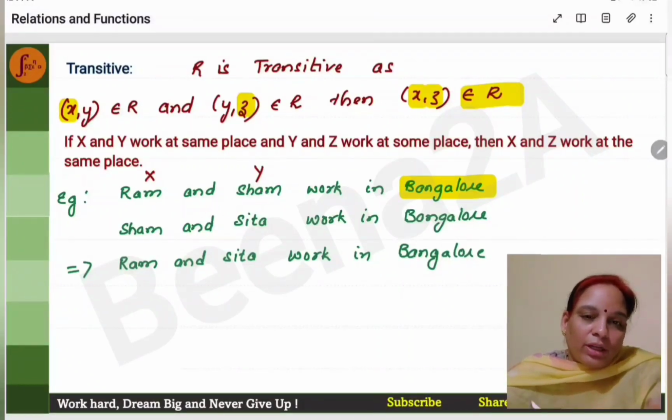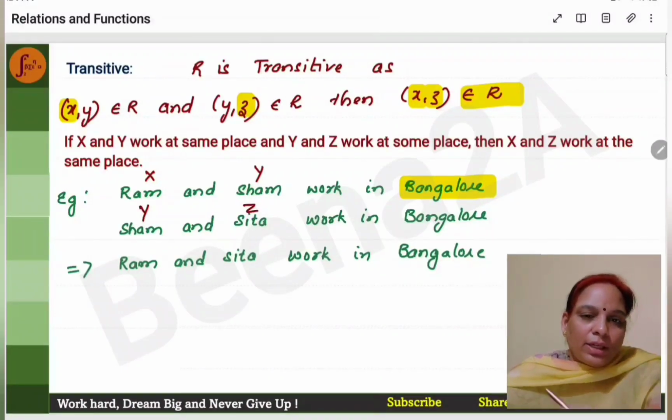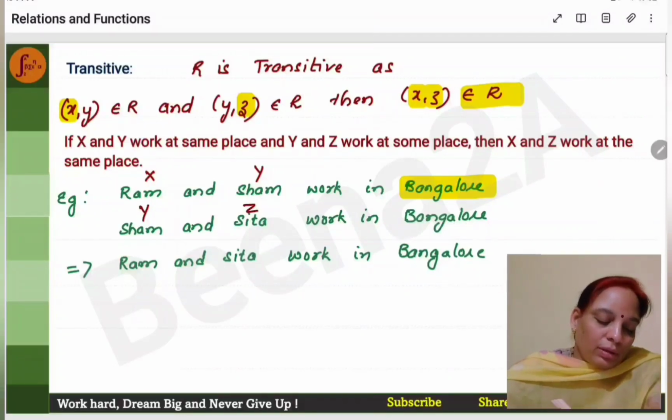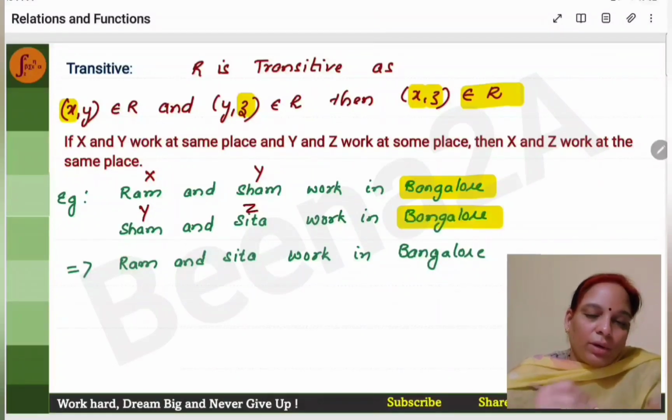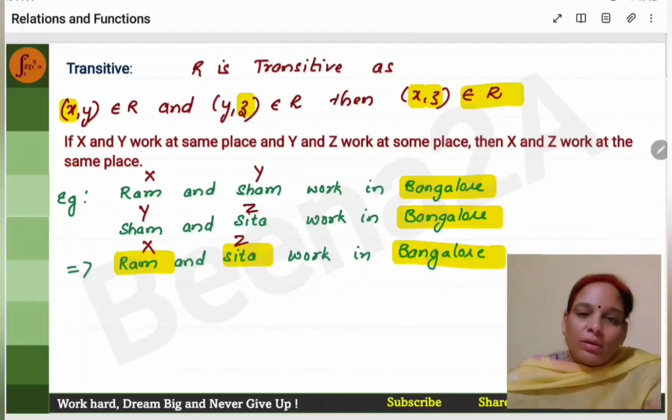Then I take y and z. Sham and z, let z be Sita. If y and z also work in Bangalore, then can I say Ram and Sita, that is x and z, work in Bangalore?